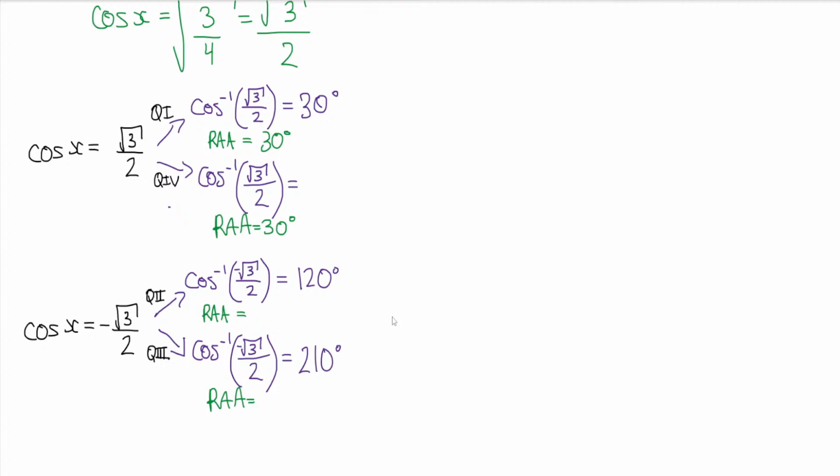Yeah. Alright. So who's wrong? 210 or 120? What should it be? 150. Yeah. Good. So they're going to have the same related acute angle, but they're all in 4 different quadrants because it's both the positive and the negative. Right? Okay.